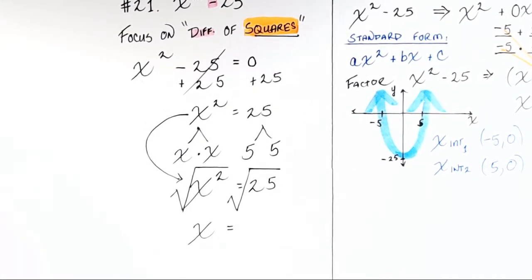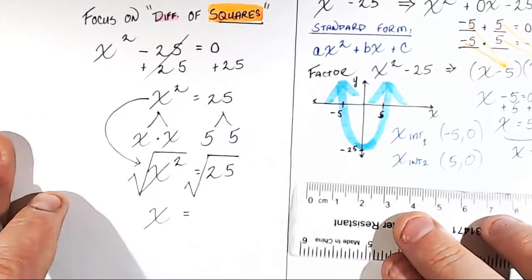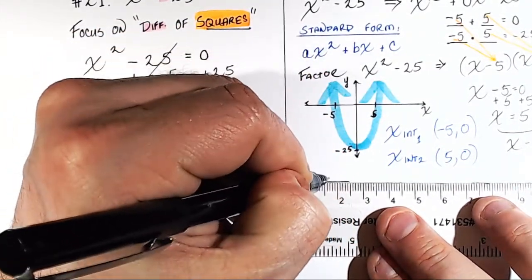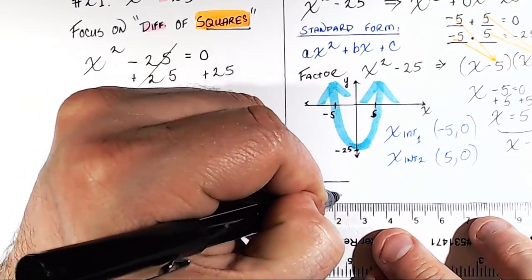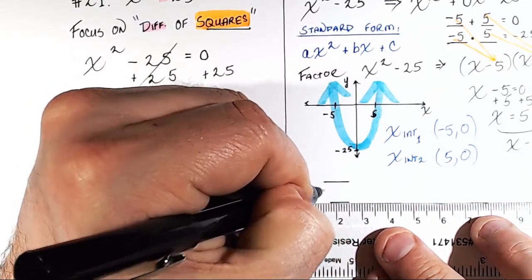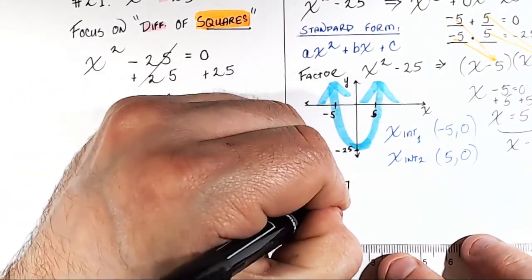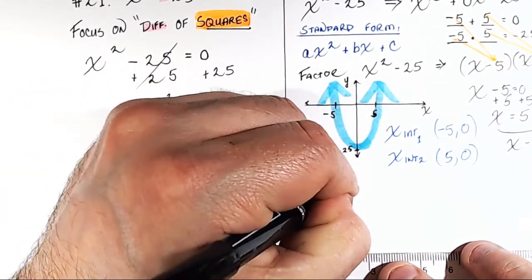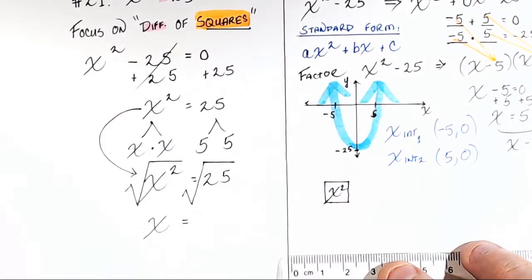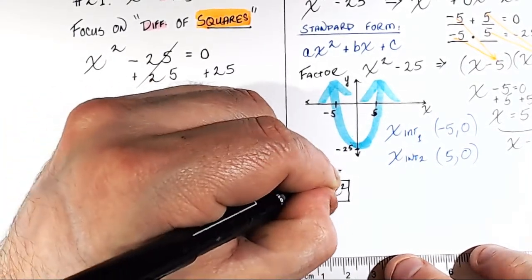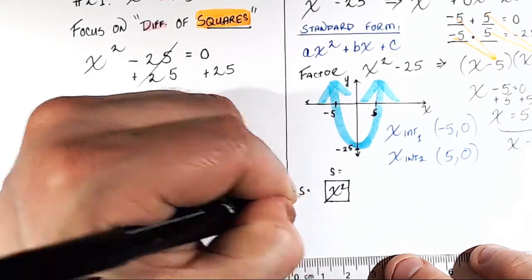Let me explain why that is. All right. Imagine you have a square, and the area is x squared. What are the side lengths? Side length s, side length s.